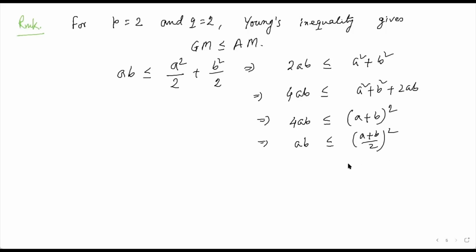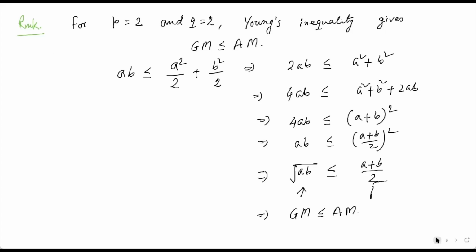Since A and B are non-negative real numbers, the square root of AB is less or equal to (A plus B) over 2. This is the geometric mean of non-negative real numbers A and B, and this is the arithmetic mean of A and B. So GM is less or equal to AM: the geometric mean is less or equal to the arithmetic mean.